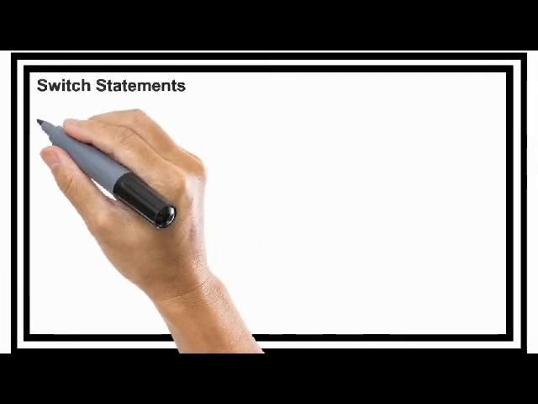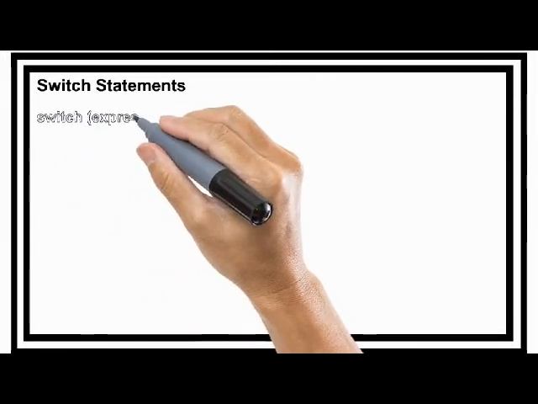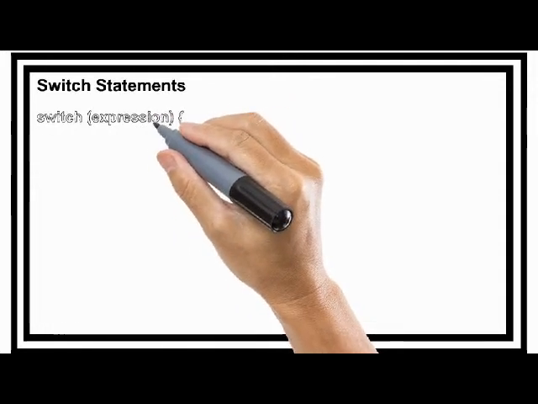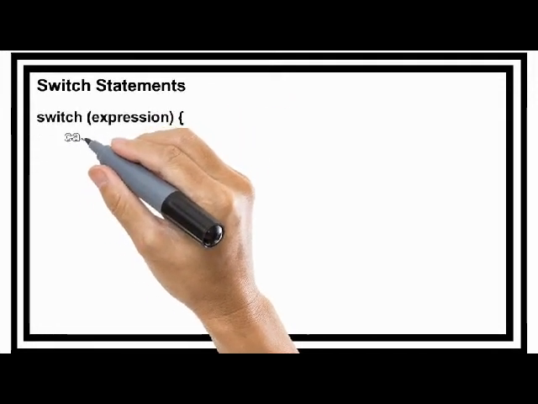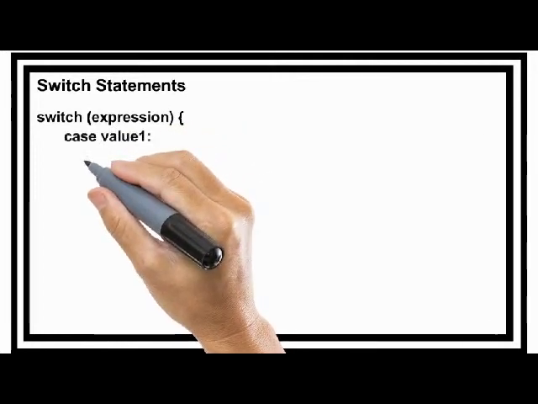Switch statements. The switch statement is written switch keyword followed by an expression in parentheses followed by a left curly bracket. You have the case keyword followed by the first value followed by a colon.